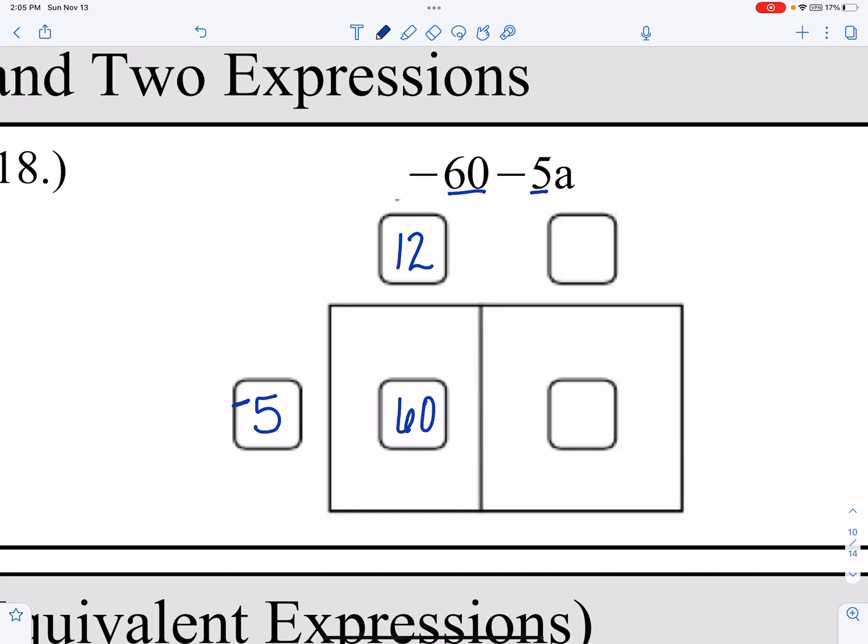Okay, and then if I pull out the negative 5, I just have a. Okay, and negative 5 times a positive a is a negative 5a. So that's where it might be nice to KFC that.